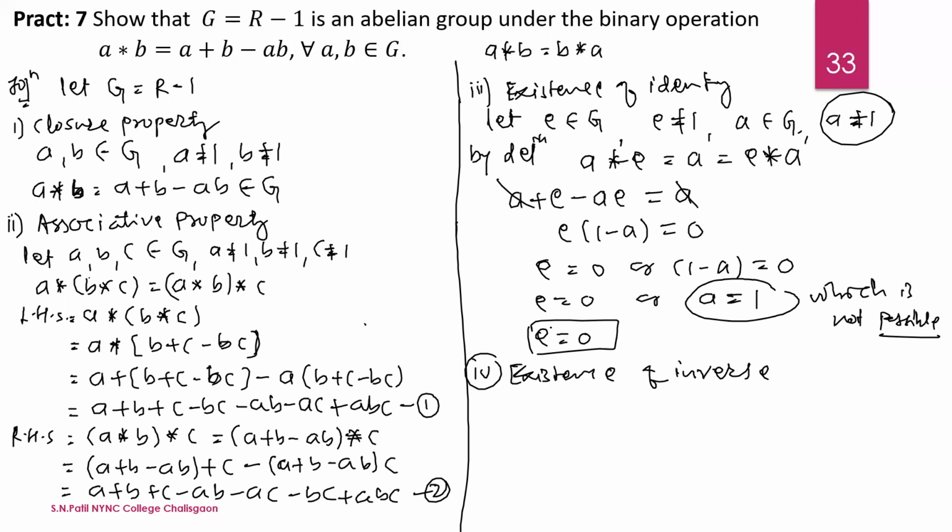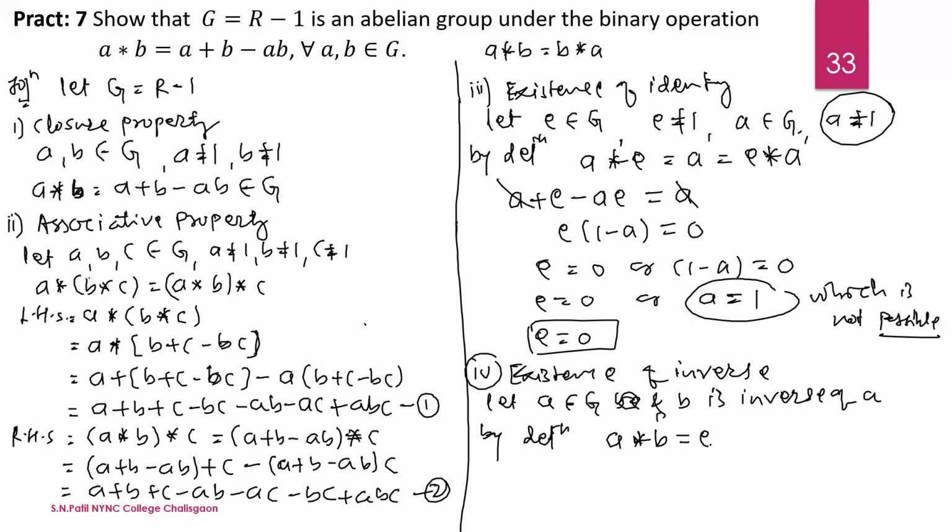Let a belong to G, that is a is not equal to 1, and b is the inverse of a. By definition, a star b is equal to the identity, and we have found the identity here.